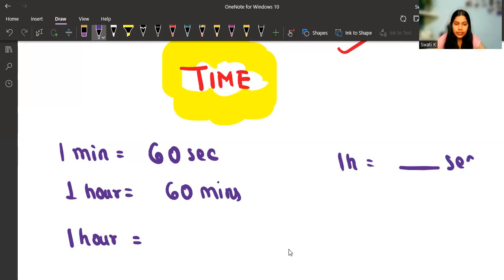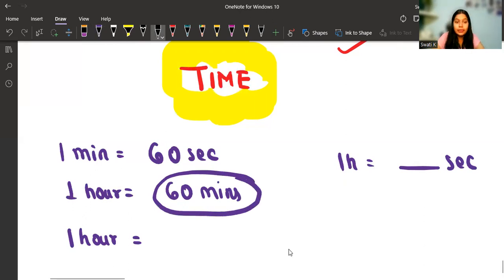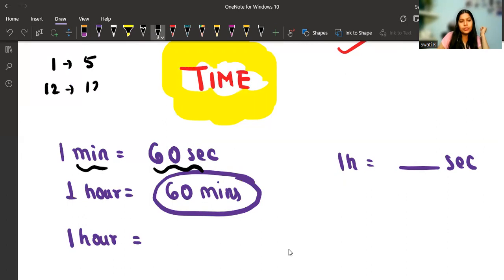Let us first see that in 1 hour how many minutes? You already know that in 1 hour we have 60 minutes. But in 1 minute we have how many seconds? 60 seconds. So if in 1 minute we have 60 seconds, in 60 minutes, how many seconds? If the price of 1 chocolate is 5 rupees, then the price of 12 chocolates is 12 into 5, right?